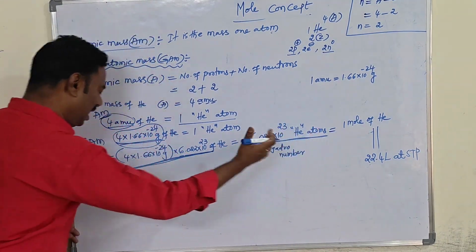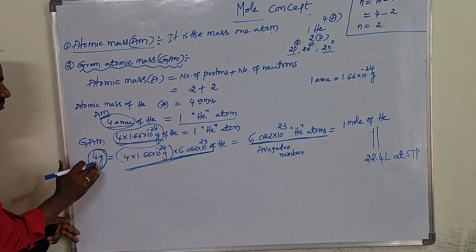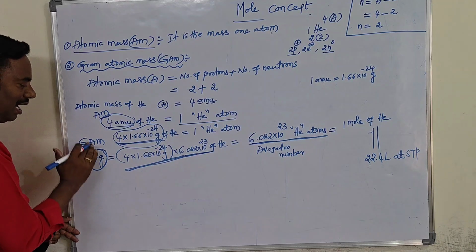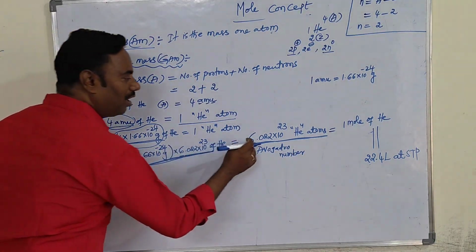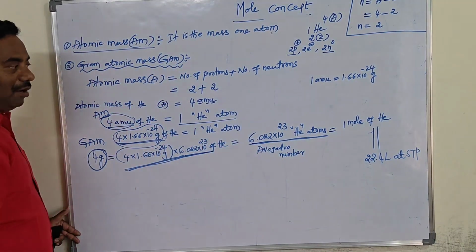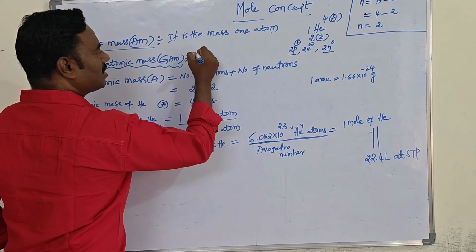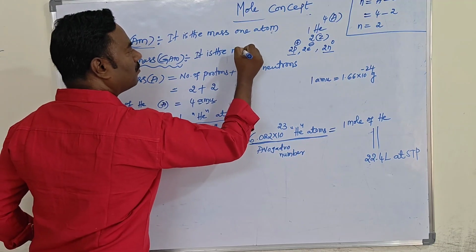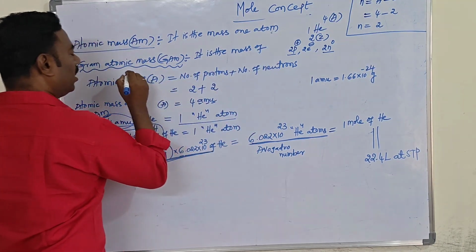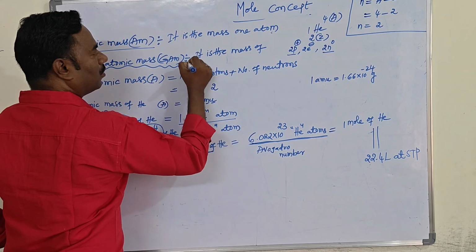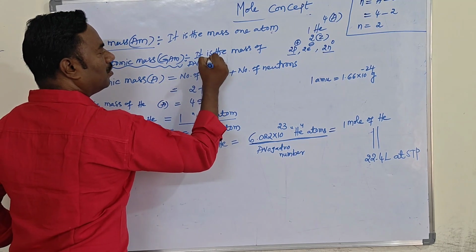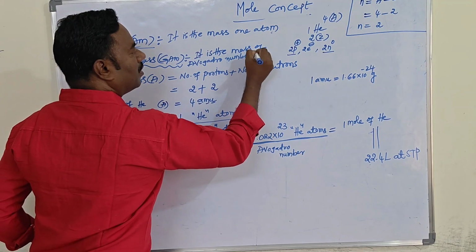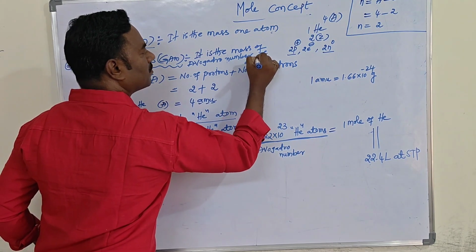The mass of Avogadro number of atoms is equal to 4 grams. 4 grams is known as gram atomic mass.